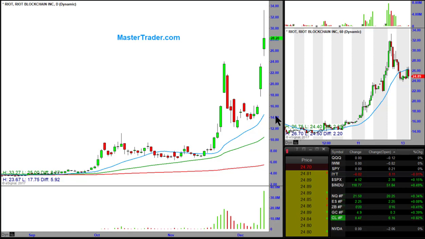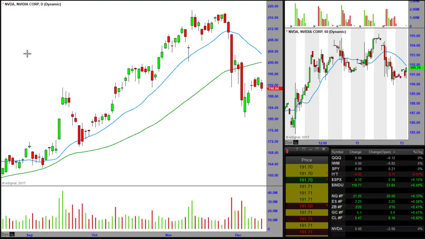We tried to initiate a position here. This was our idea earlier in the week, at the beginning of the week, with a move above this level, but the size of the gap and the run just did not give us an entry point in that.